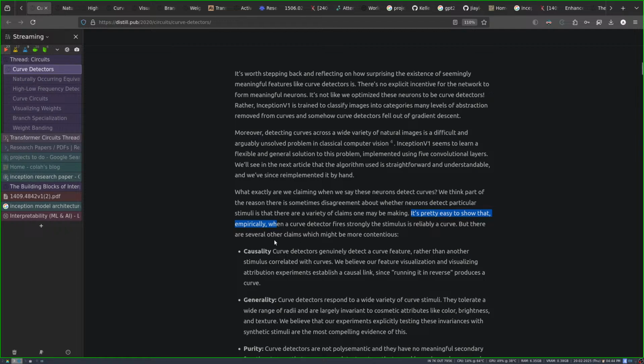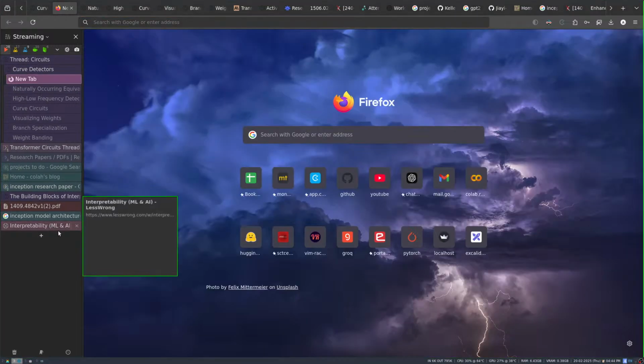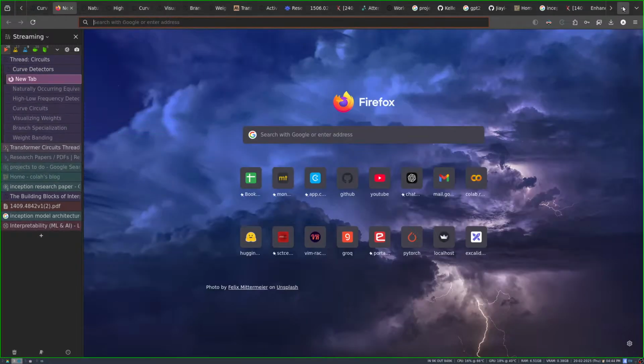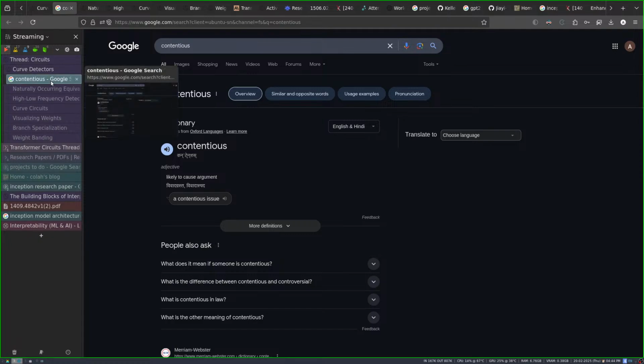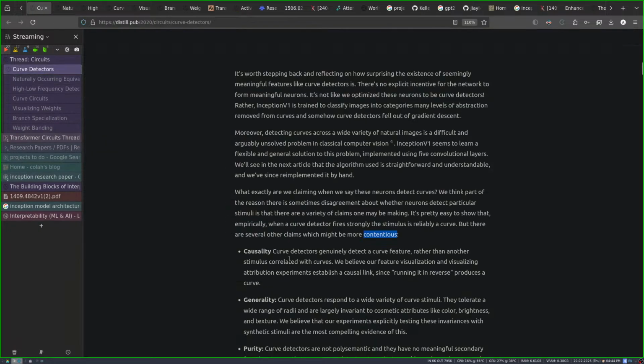But then there are several other claims that might be more contentious. Contentious? What does that mean? Likely to cause arguments.